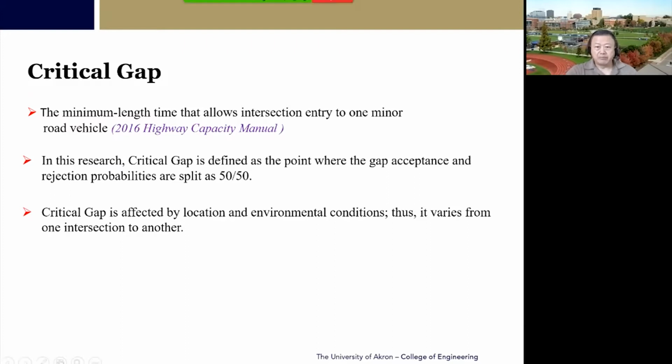There have been several ways to define critical gap, but in this research, we use the one that defines it as the point where the number of gaps accepted and the number of gaps rejected are equal. It should be noted that critical gap is affected by location and environmental conditions. Therefore, it is intersection dependent. It varies among intersections.